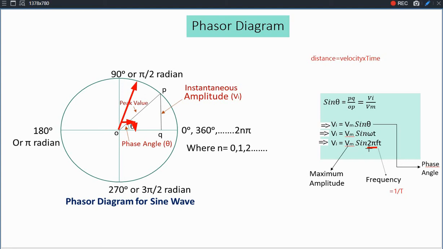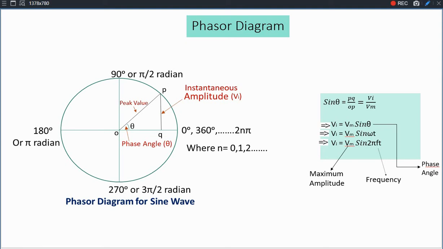So here 2 pi f means the phase angle covered in unit time. So omega can be represented as 2 pi f, and then the final formula becomes Vi is equal to Vm sine 2 pi f t. Now, this is the phasor representation formula derivation for the sinusoidal waveform.